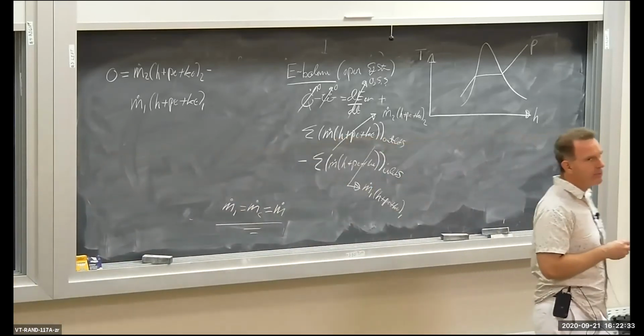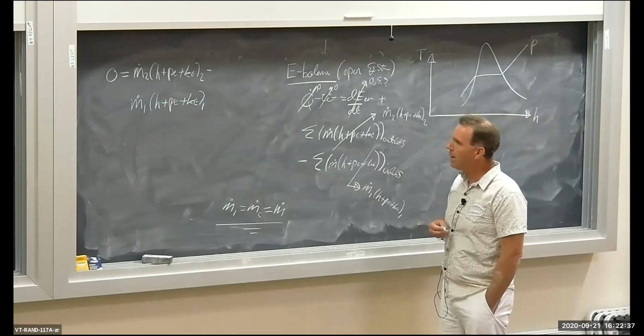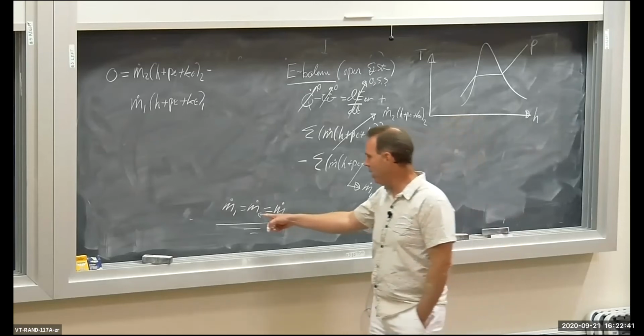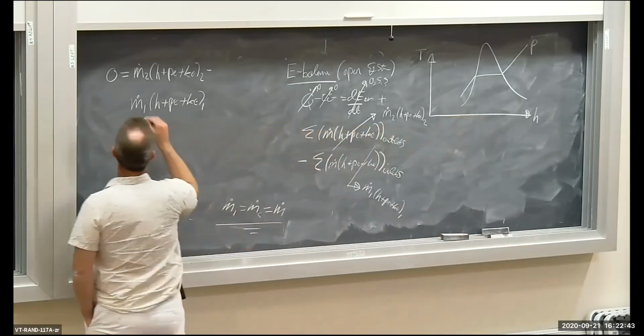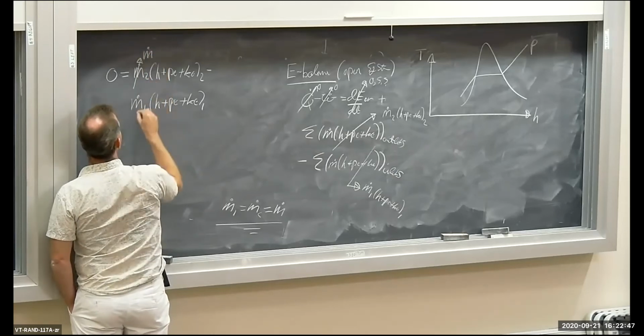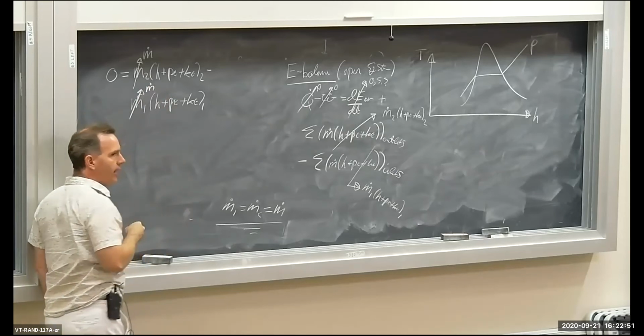Let's see if we can get rid of something else. Mass flows. Remember, m dot 1 is equal to m dot 2, so this is just m dot. They're the same. The inlet flow is equal to the outlet flow.